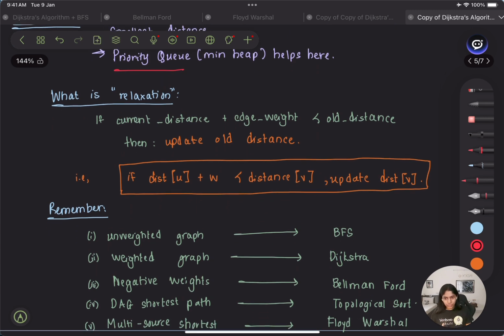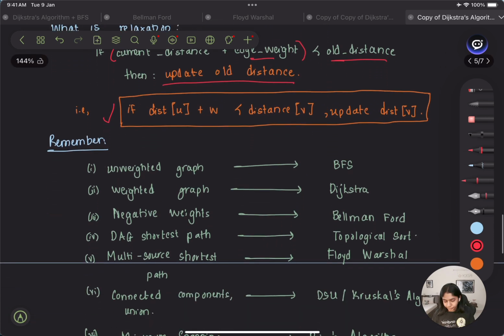Relaxation was that process where we took the current distance to a node, took the edge weight to its neighboring node, and checked whether going through this node costs less than what another path had taken to reach that neighboring node, the old distance. If that's the case, then we update that old distance of the neighbor. This is how it's written, and in the code, that's what we do.